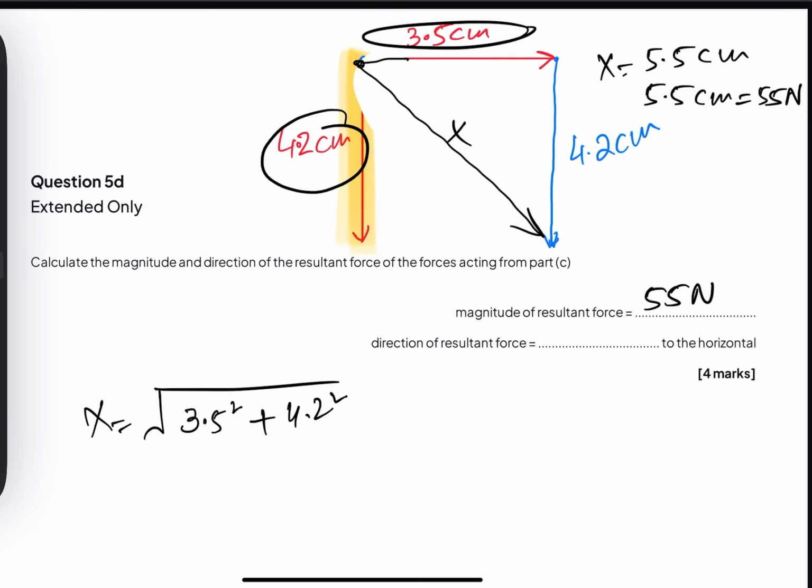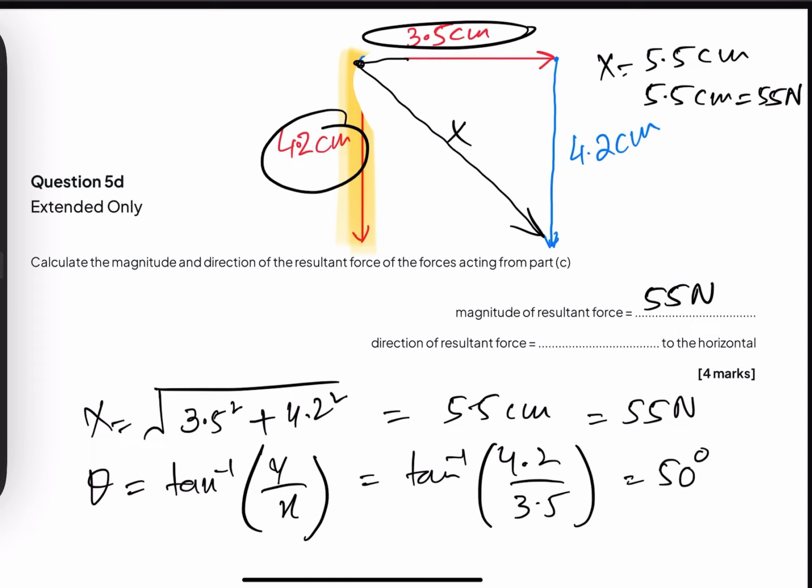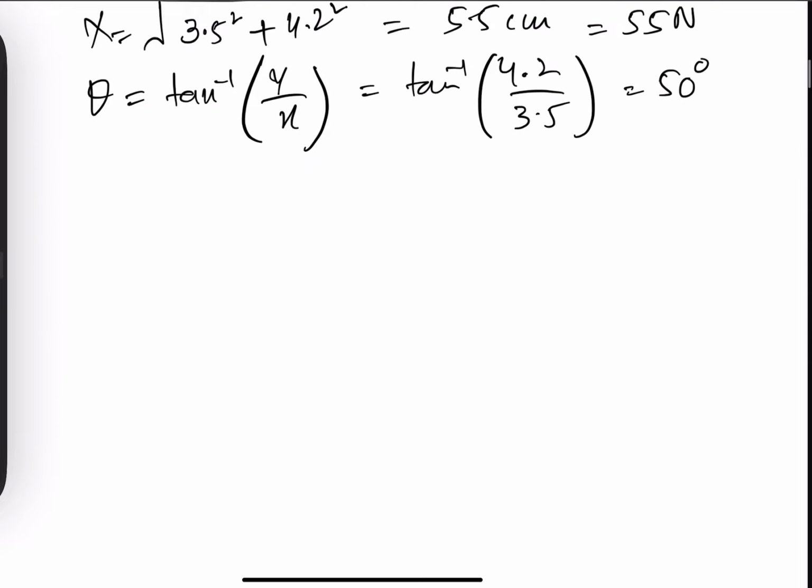Okay, so that will give you an answer 5.5 centimeter. By converting it into Newton, that will be 55 Newton, because the scale was that 1 centimeter is equal to 10 Newton. And if you want to find theta, that is the direction, that will be tan inverse of y vector divided by x vector. Y is 4.2, so tan inverse of 4.2 divided by 3.5, the answer will be 50 degree. So the direction is 50 degree and the magnitude is 55 Newton.